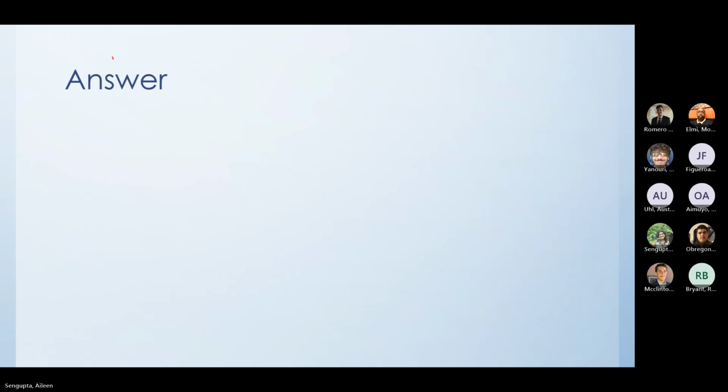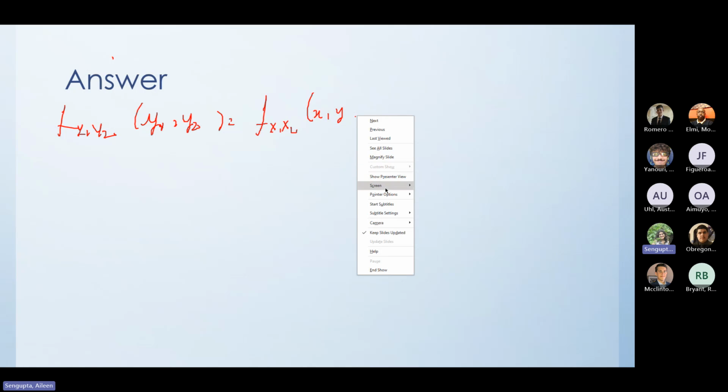How you do that is like this. f of y1, y2 is equal to f of x1, x2. Oops, that's not y, my bad.